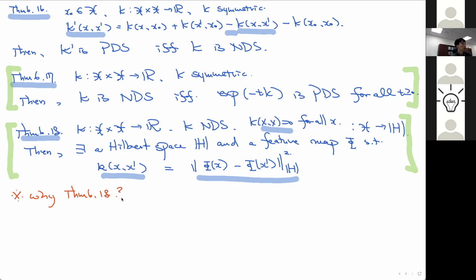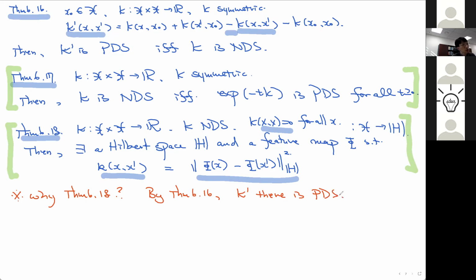The reason is, by 6.16, that's because the k prime in 6.16 is a PDS kernel. So by theorem 6.16, k prime there is PDS.